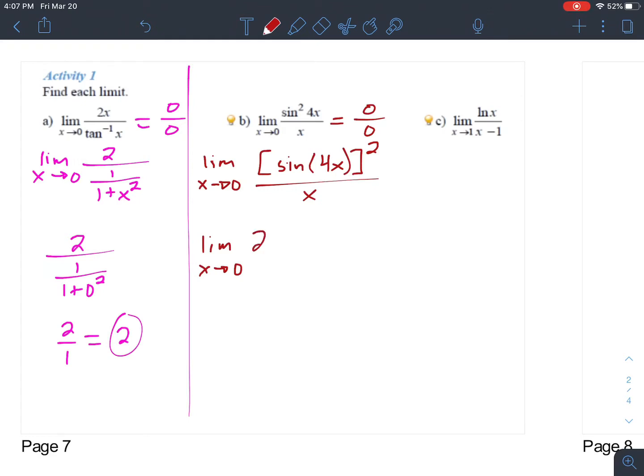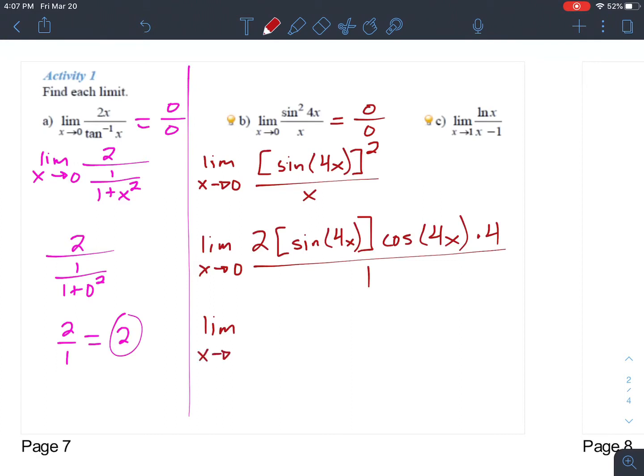We're going to do power rule first, so we're going to get 2 times sine of 4x. Now we need to do the derivative of the inside, which is going to be cosine of 4x. And now the inside of that times 4. And then on the bottom, it's just going to be 1.